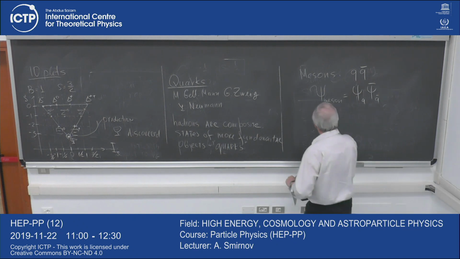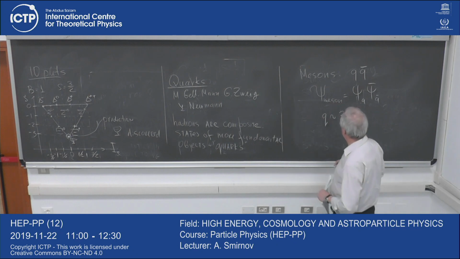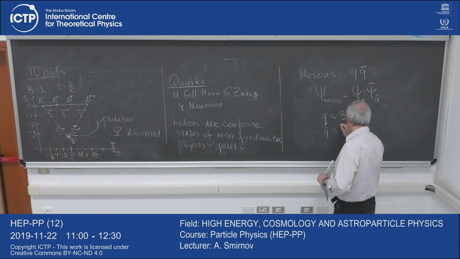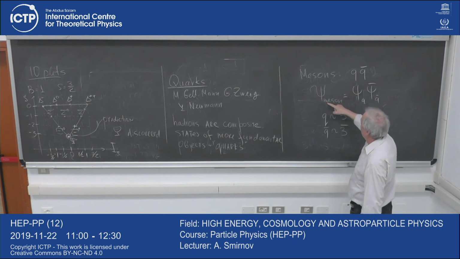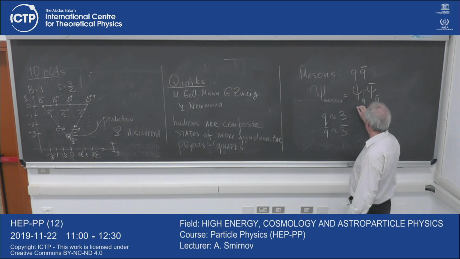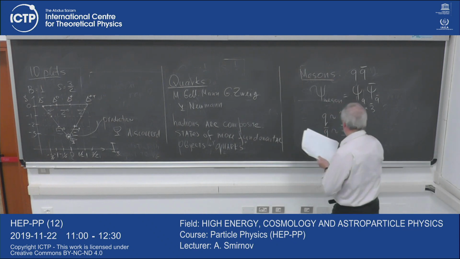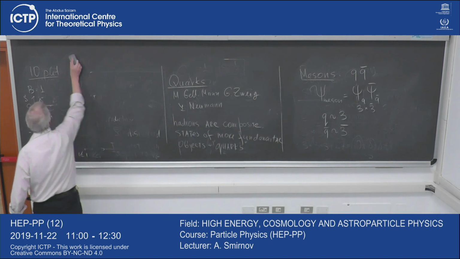So quarks are transformed as representation 3 of SU(3), and antiquarks are transformed under representation 3 bar. So therefore, the wave function of the meson should be transformed as 3 times 3 bar, and this is what we need to describe the mesons. These are for mesons. Baryons are composite systems of 3 quarks.